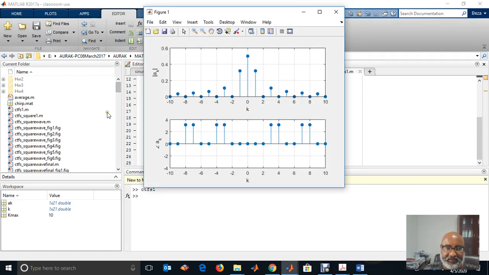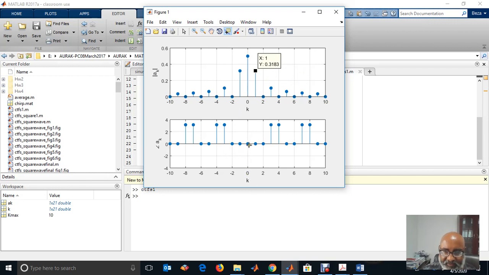You see, this is the absolute value of AK versus K. The value at 0 is 1 over 2, and the value at 1 is this much. Of course, if you use the data cursor here, you can know exactly what the value is. The value at 1 is, for example, 0.3183. And here is the phase plot.